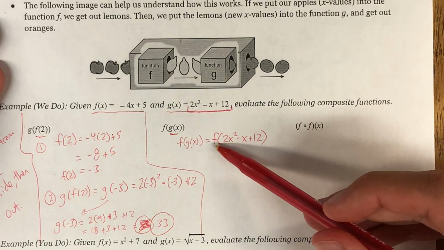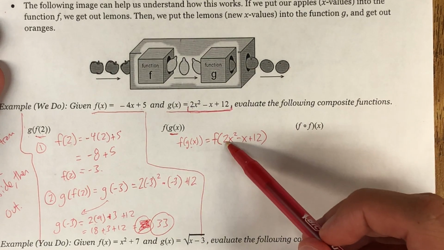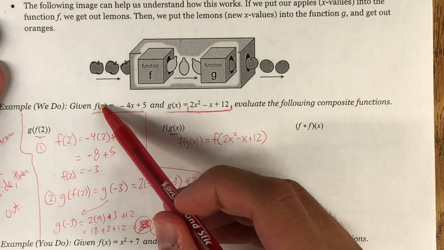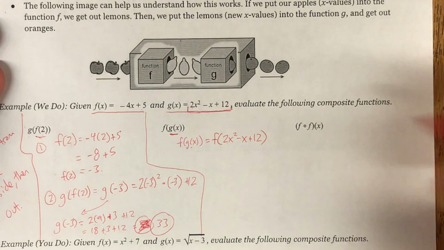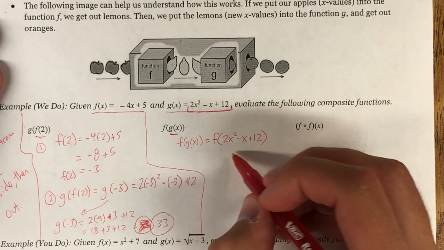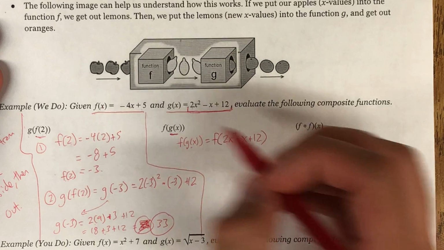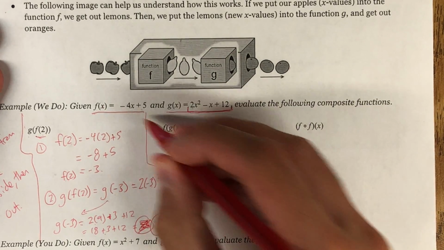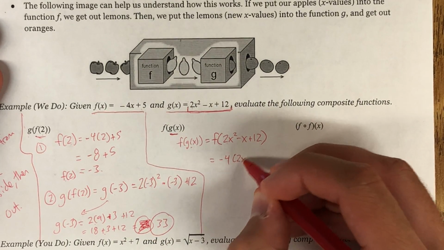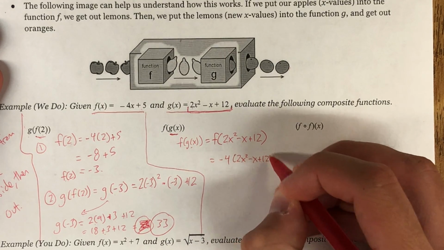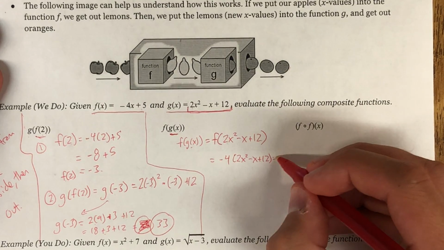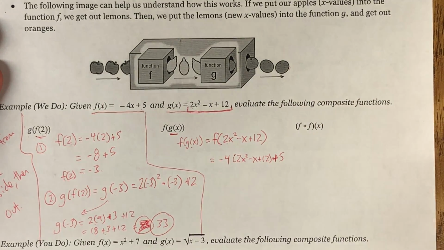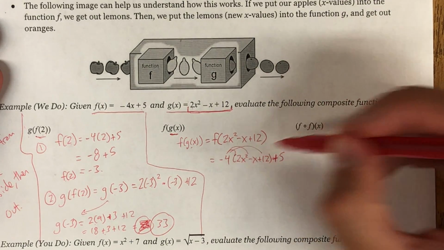So what we're doing then is plugging in 2x squared minus x plus 12 for x, which is a little weird. So if we're plugging that in for x, we have to plug it in for x here as well. So negative 4 times 2x squared minus x plus 12. And then we have that plus 5. And then you just multiply that 4, distribute it.